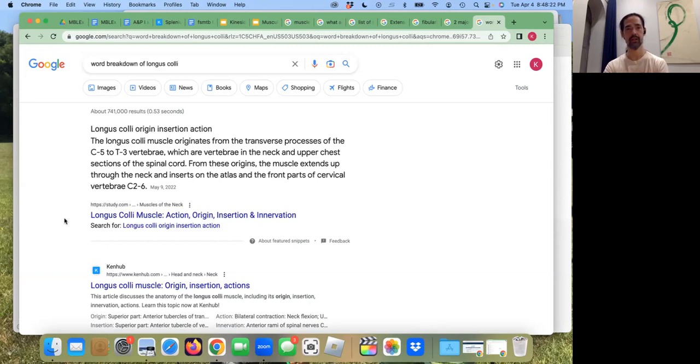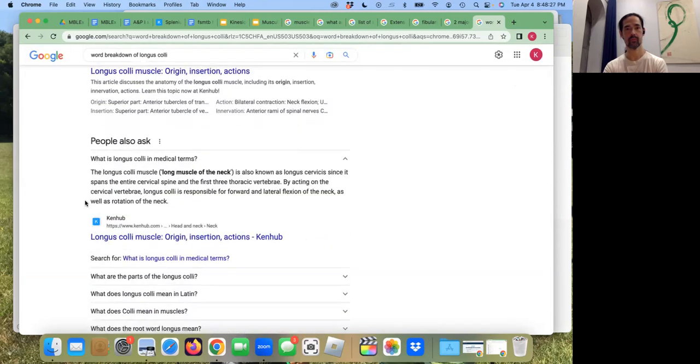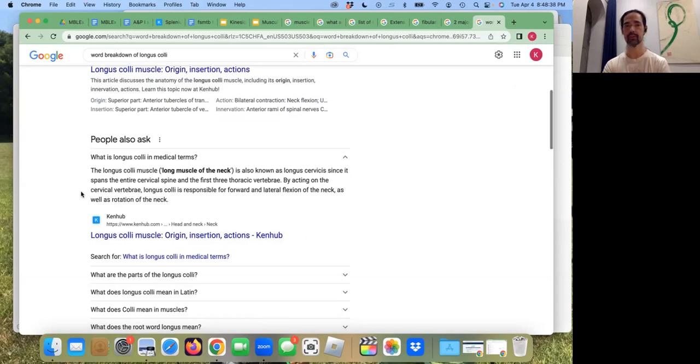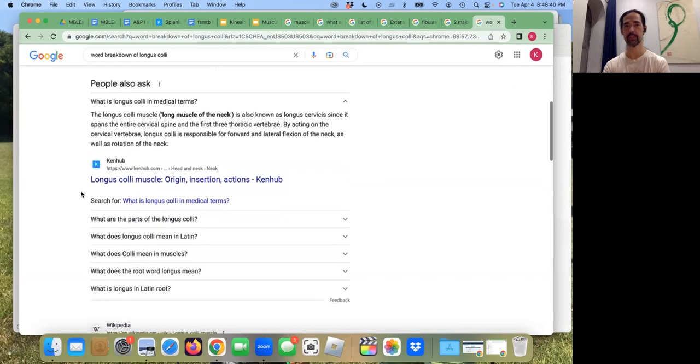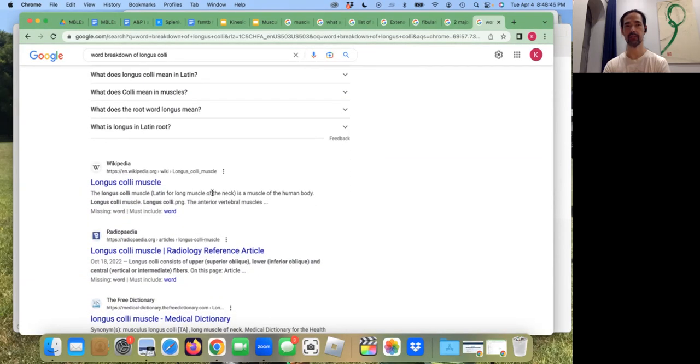Longest coli: the long muscle of the neck is known as the longus cervicis, since it spans the entire cervical spine and the first 3 thoracic vertebrae. By acting on the cervical vertebra, the longus coli is responsible for forward and lateral flexion and rotation of the neck. Longus coli, Latin for long muscle of the neck. So coli must mean neck.